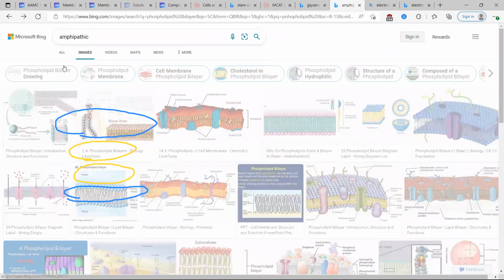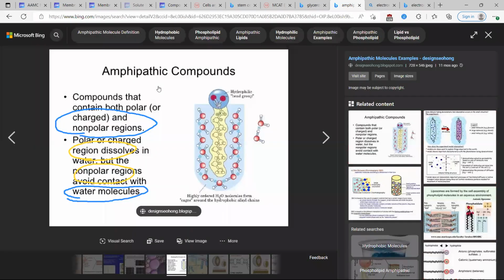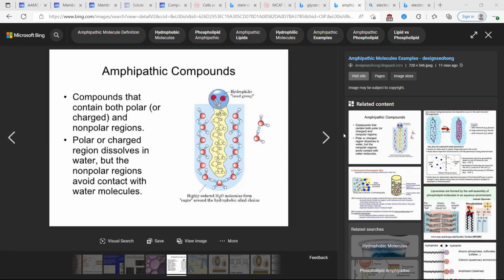Amphipathic compounds contain both polar or charged and non-polar regions. The polar region dissolves in the water, but the non-polar region avoids the water. Make sense?